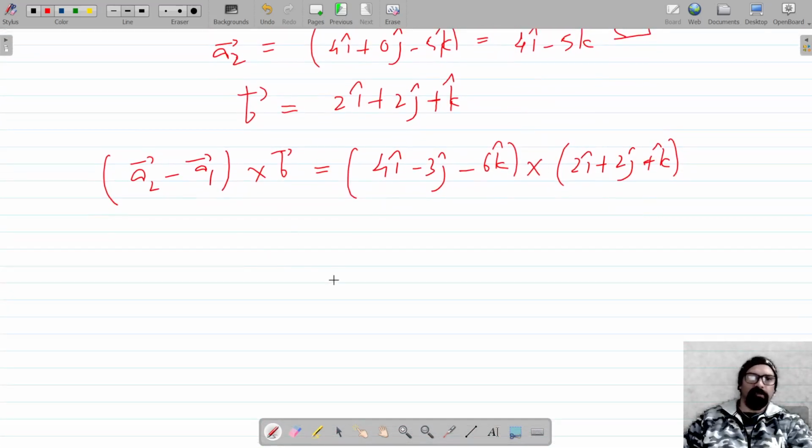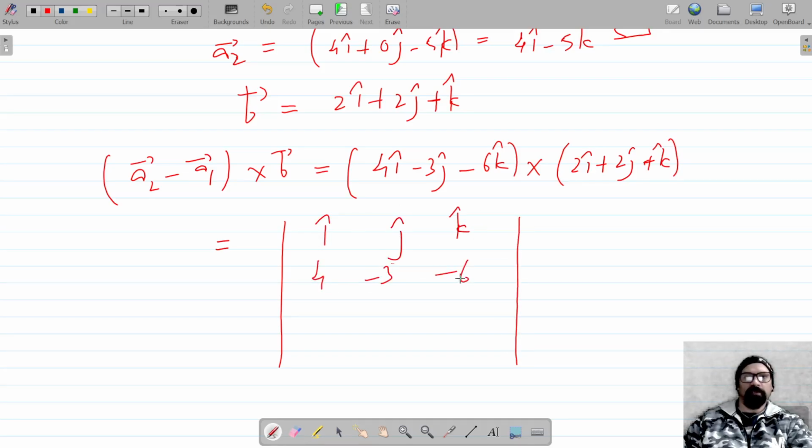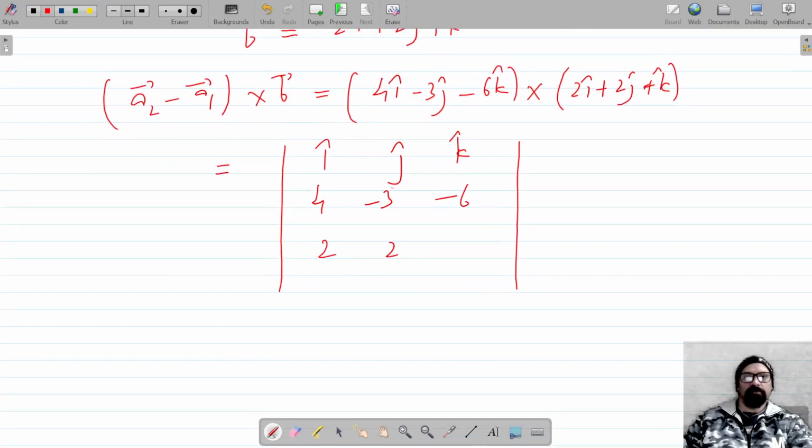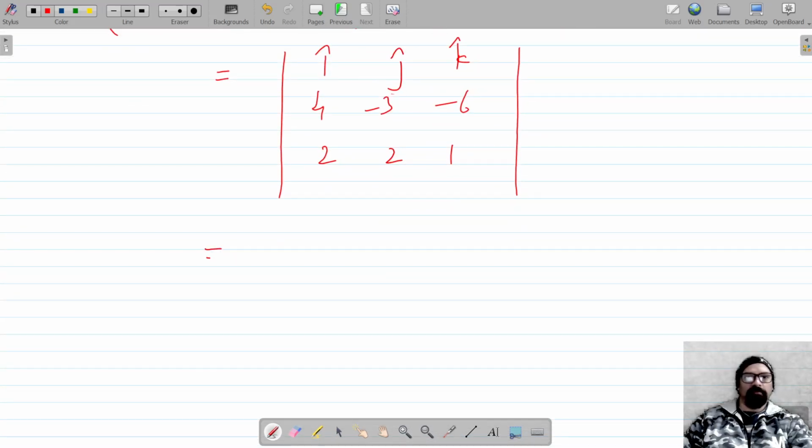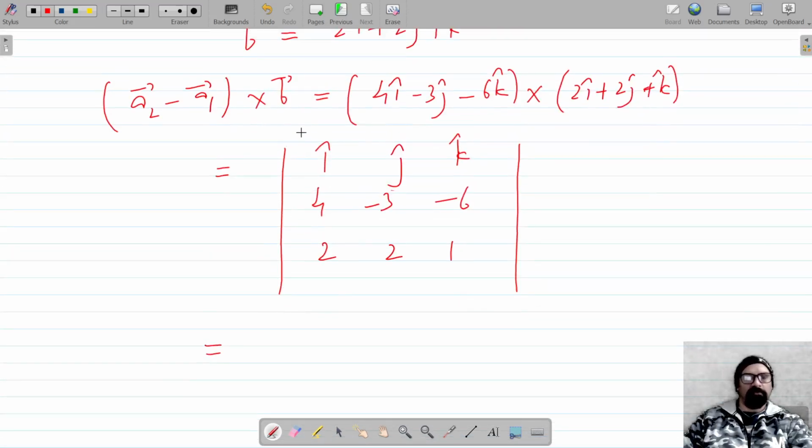And how do we find the cross? So it's i, j, and k. Now we are going to find the cross product. I'm going to write down i, j, and k. So determinant of i, j, and k, and that is 4, -3, -6, 2, 2, and 1. Now we are going to expand this along row R1, so plus, minus, and plus.